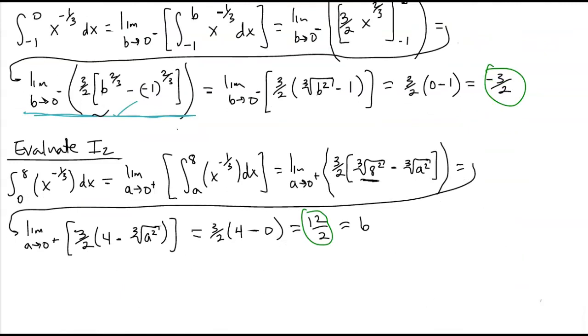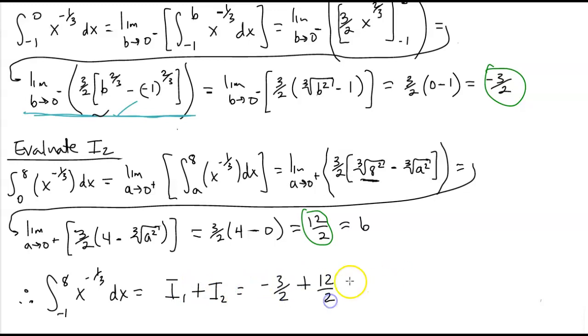So all that is to basically say here, therefore, the integral from -1 to 8 of x raised to the -1/3 dx is just the same as I1 plus I2, which is a minus 3/2 plus 12/2, which is 9/2.